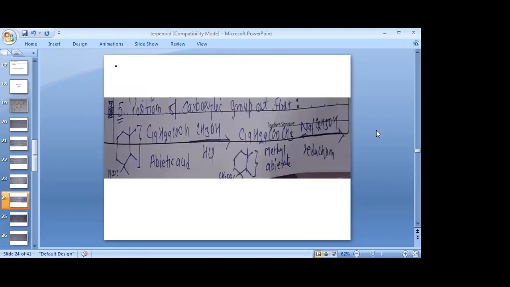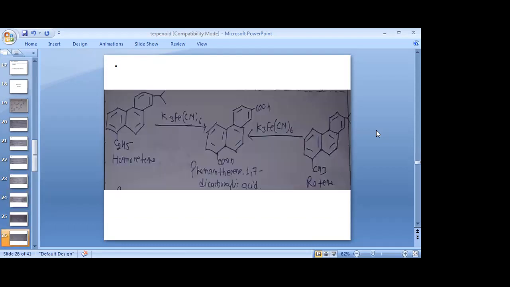Maybe in your final exam there will be a question based on the position of the carboxylic group in abietic acid, and then you need to give these reactions one by one. Sometimes the question is based on complete structural determination of abietic acid, so then you need to give all these reactions one by one.